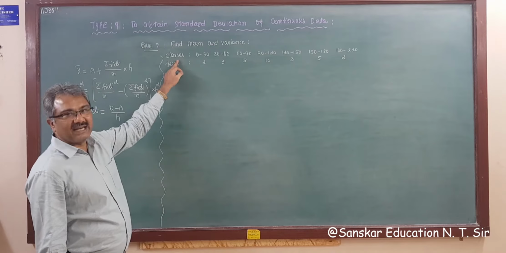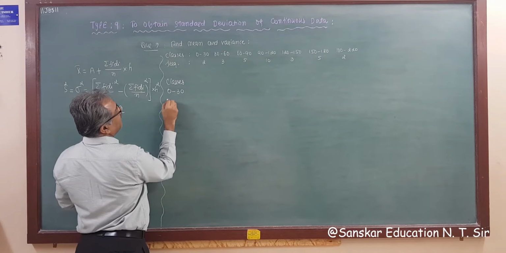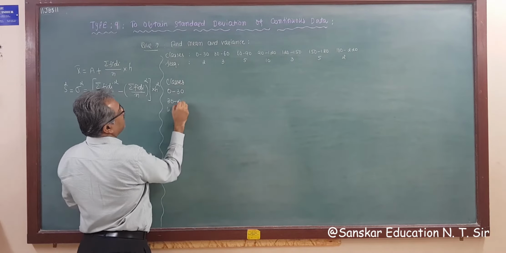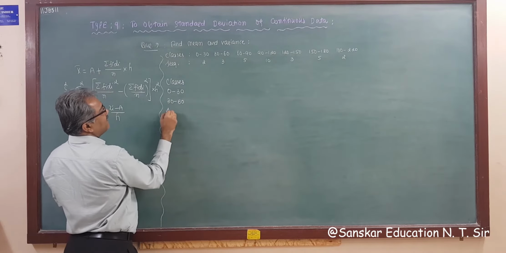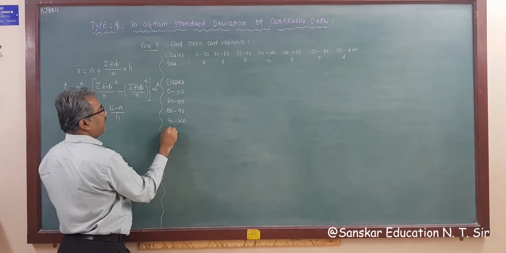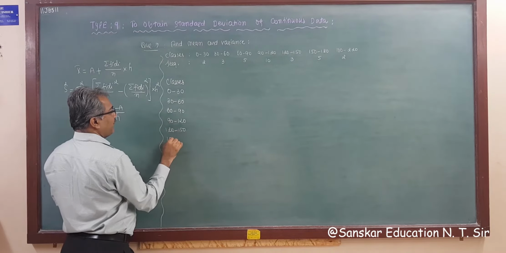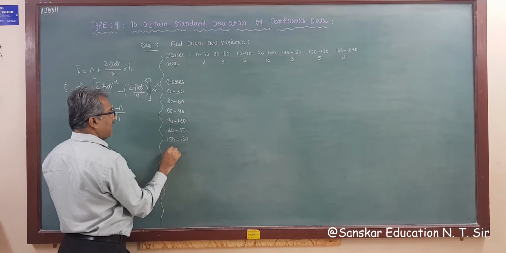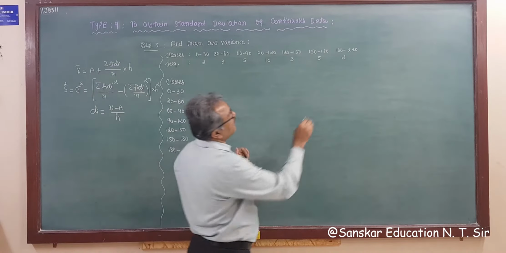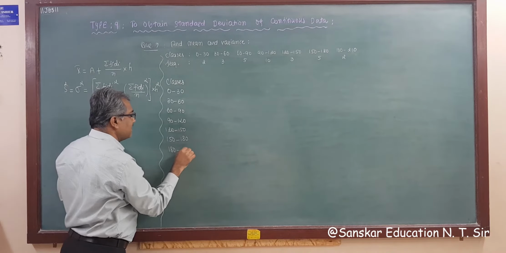The classes given are 0 to 30, 30 to 60, 60 to 90, 90 to 120, 120 to 150, 150 to 180, and the last is 180 to 210, because the class length is 30.